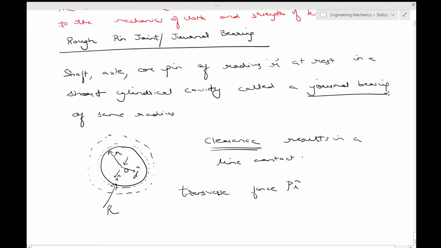P i hat acts on the axle normal to its axis z for equilibrium.